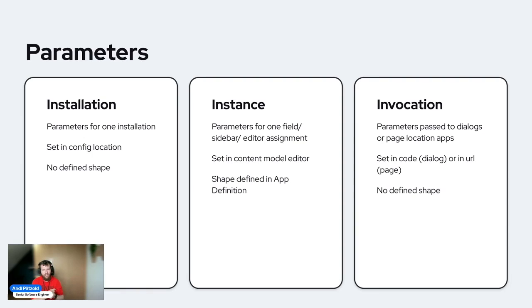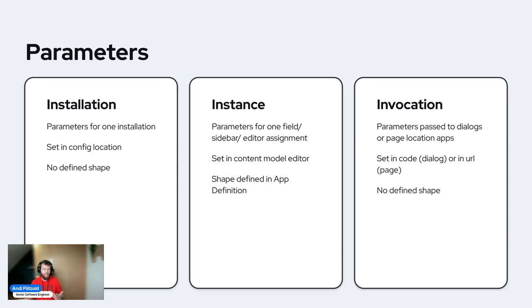But you can imagine, if you have a more complex app and a more complex content model, you might want to change the behavior of your app depending on which content type and which field the app is currently assigned to. That's the instance parameters; they really depend on what instance of that allocation we're currently running our app in.